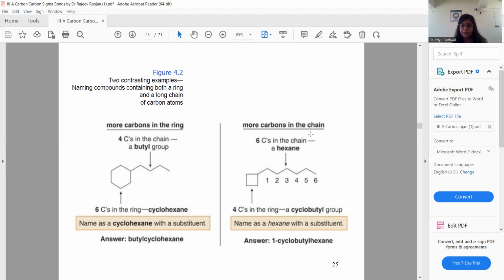In the next example, there are more carbons in the chain: 6 carbons in the chain, a hexane, and 4 carbons in the ring, known as a cyclobutyl group. Named as hexane with a substituent, it is 1-cyclobutyl hexane according to the IUPAC nomenclature system.